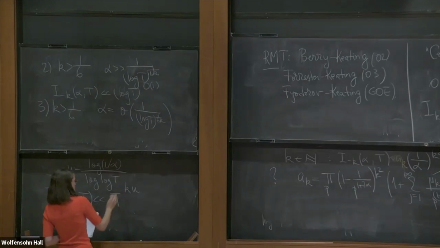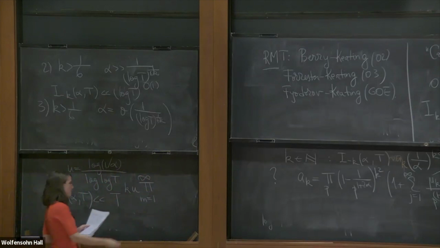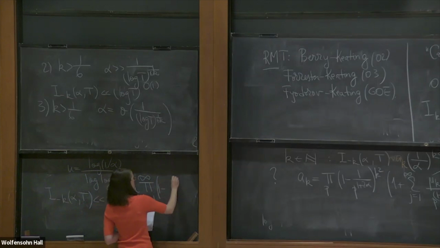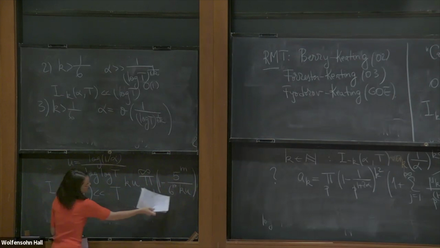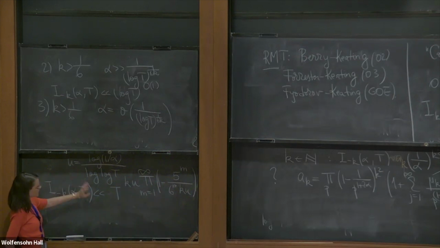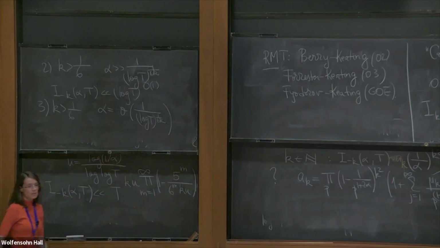We get t to the ku times some constant, which is an infinite product over m from 1 to infinity of (1 - (5/6)^m ... ku). This infinite product converges, and it's less than 1. What the trivial bound would give you in this case is just t to the ku. So we save a little bit over here for small shifts.